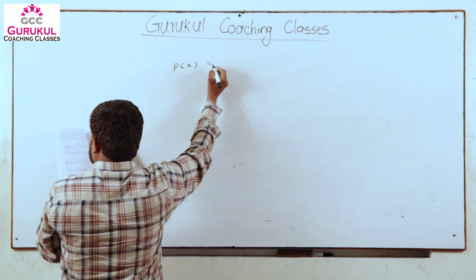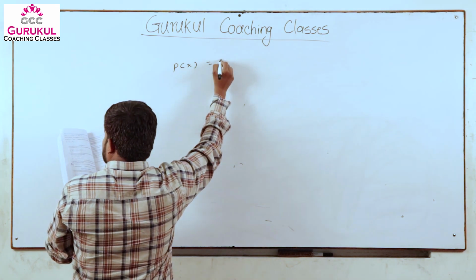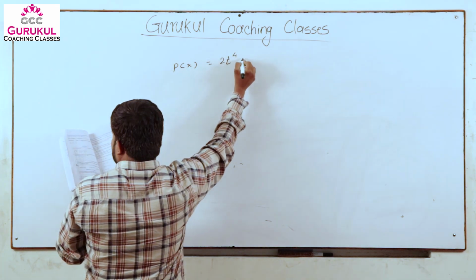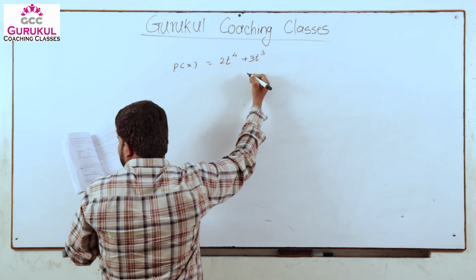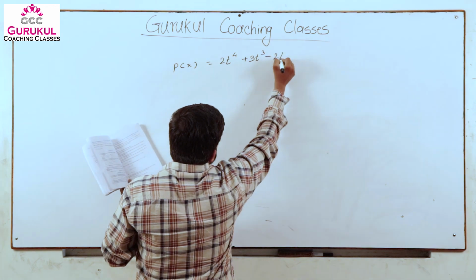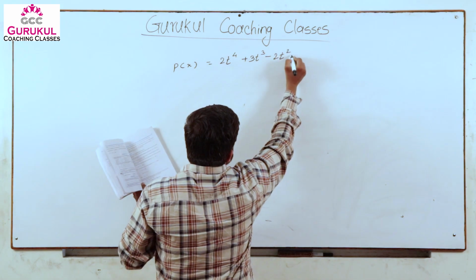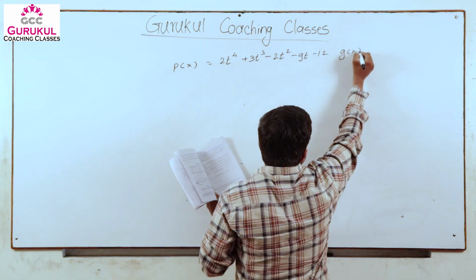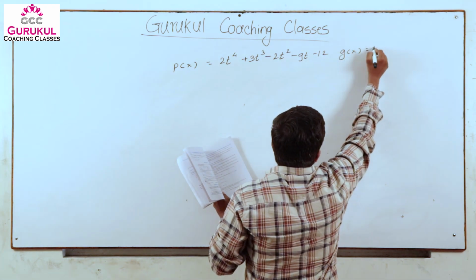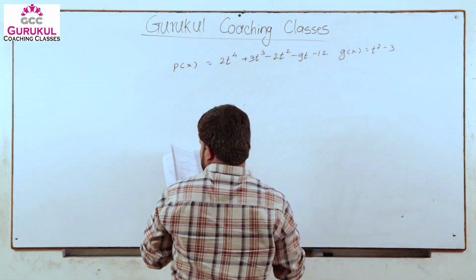p of x is equal to 2t raised to 4 plus 3t cube minus 2t square minus 9t minus 12, and g of x is t square minus 3.